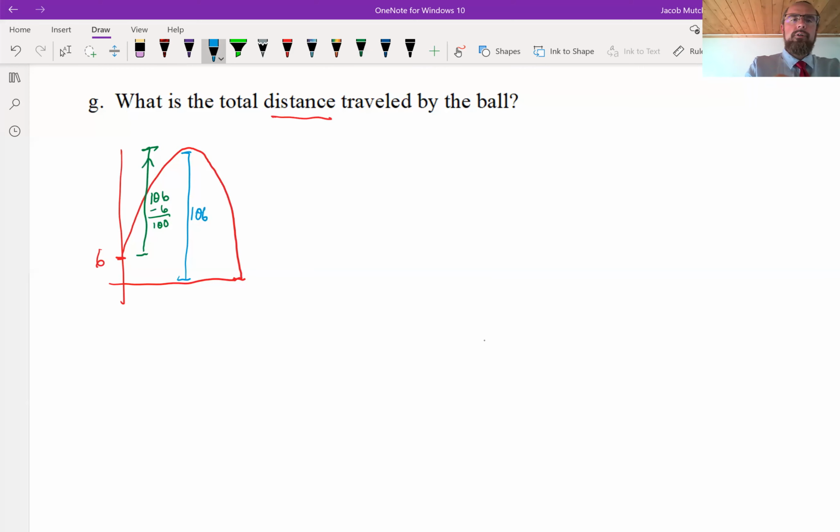The return trip, so from the vertex back to the ground, would be the full 106. So all we got to do is say, okay, if there was 100 feet traveled upward and then 106 feet traveled downward, that's going to give us a total of 206 feet.